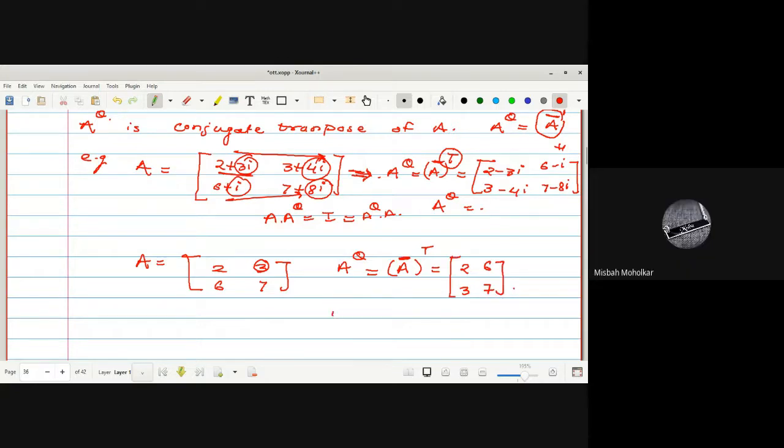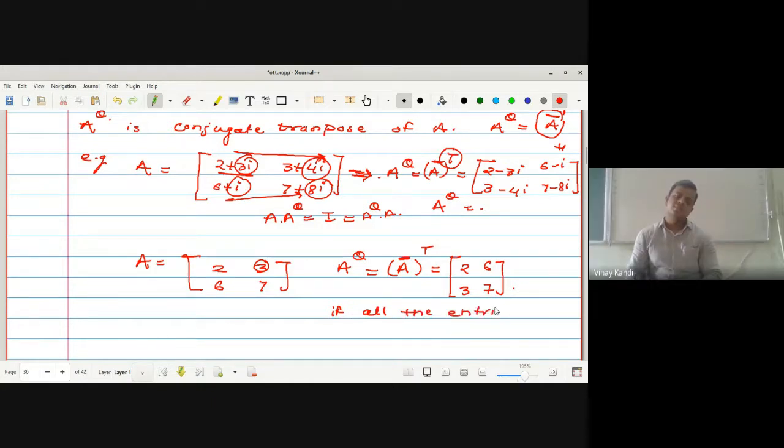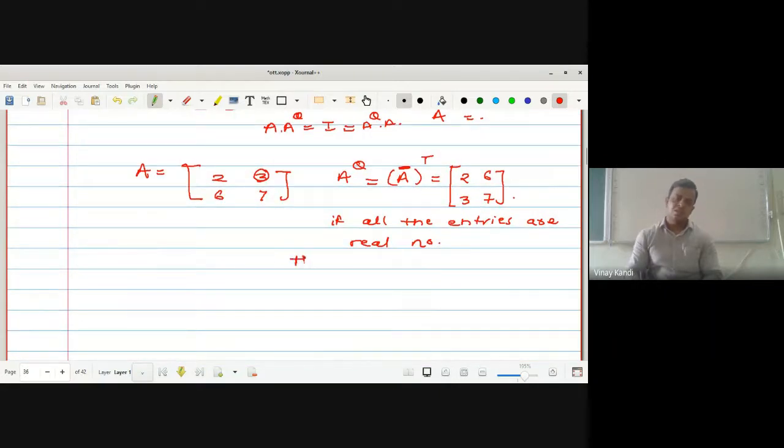If all the entries are real numbers, then the complex conjugate transpose of A is equal to the transpose of A. That is, your A transpose, so the bar has no use here, the complex conjugate will have no use, because all the entries are real. Any doubt?